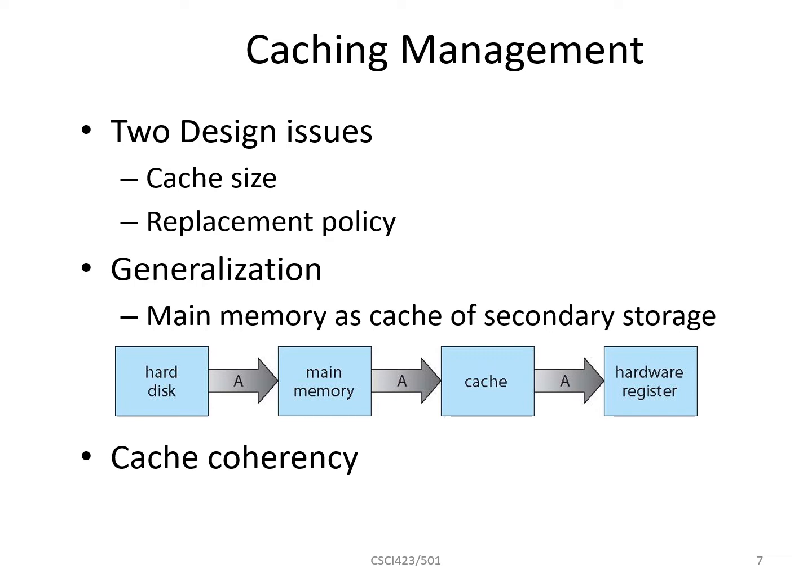This is cache coherency. Basically, it's because there may be multiple processes that try to access the same data in the original storage. Now this data is cached, where each process may have its own cache.